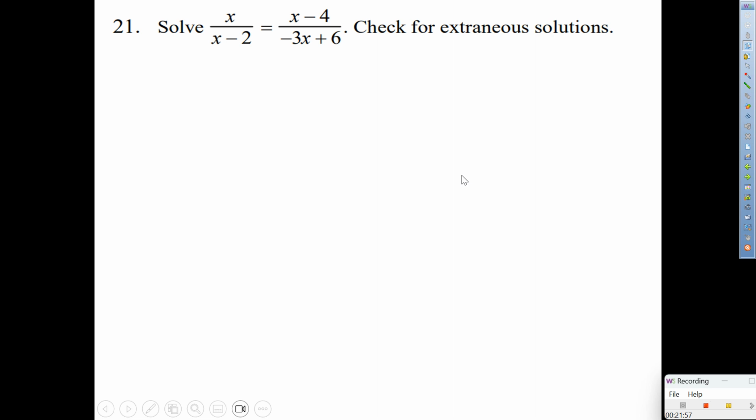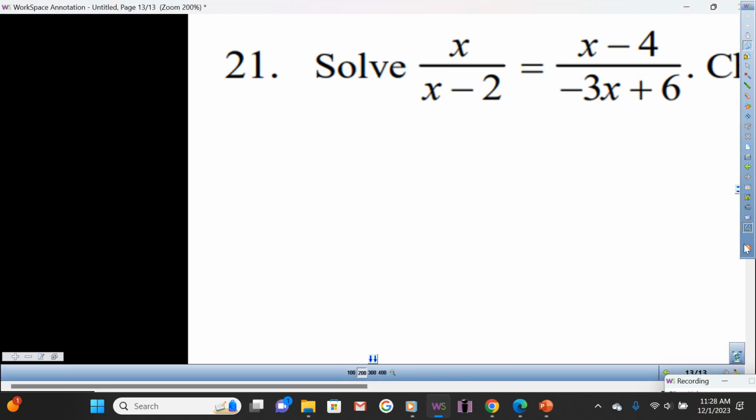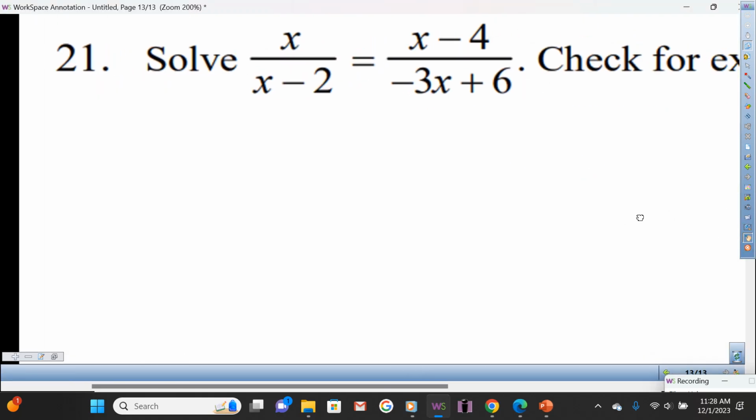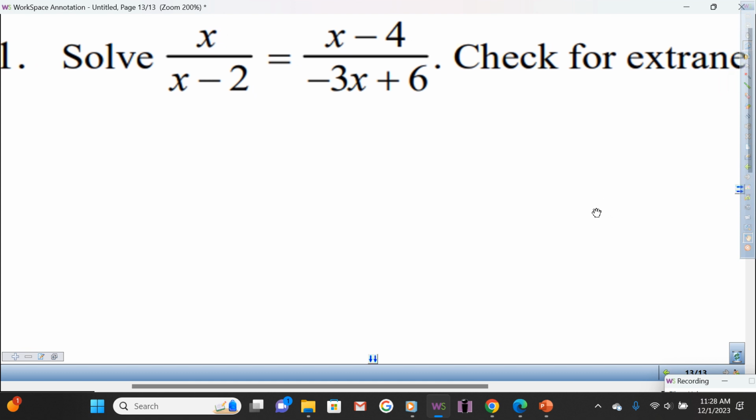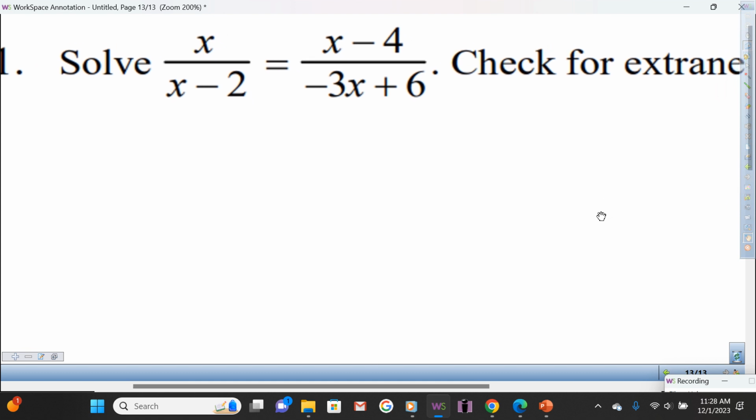There it is. Now, this one we've been doing like forever. So copy that one. Number 21, x over x minus 2 equals x minus 4 over negative 3x plus 6. All right, so we're going to solve first because it says solve.